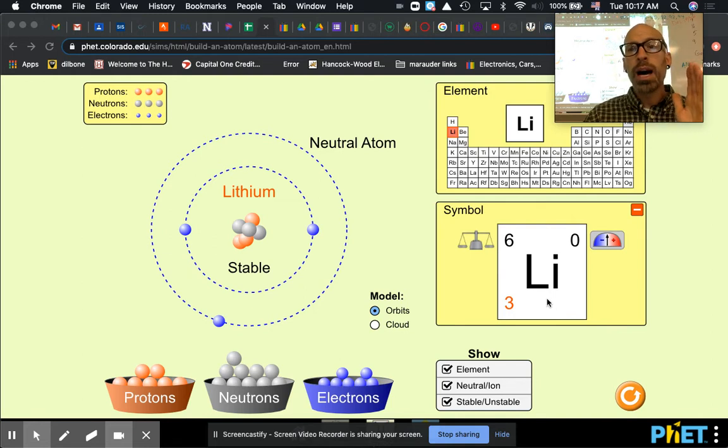The periodic table I'm giving you, that I actually posted on Classroom as well, has the proton number top center, and the mass is down below the symbol. Usually the symbol is somewhere in the middle of the box. So that's the symbol tool. It shows you the mass, the proton number, and the charge.